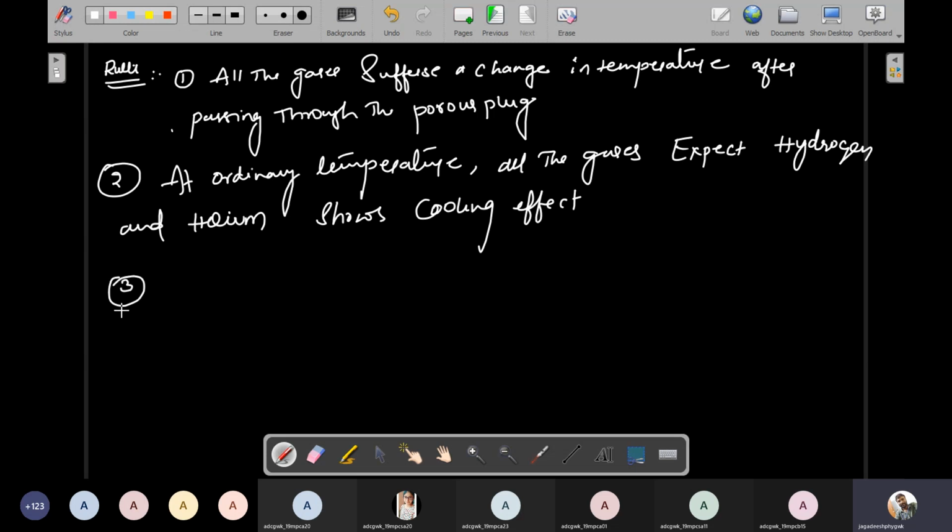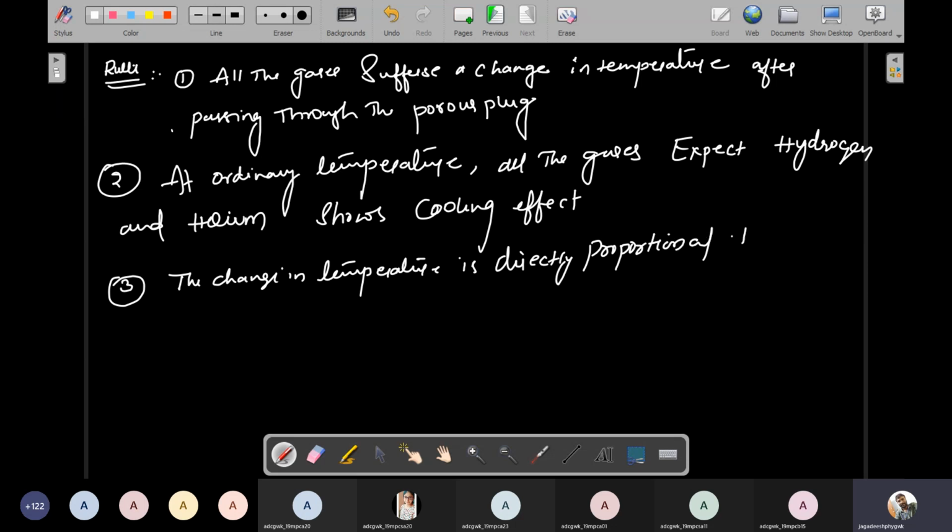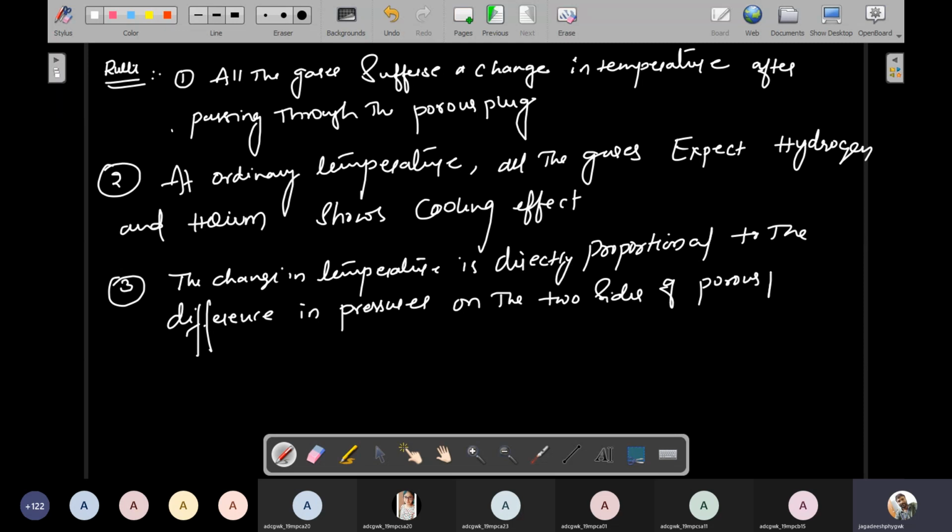Okay, understand? And the third point: the change in temperature is directly proportional to the difference in pressures on the two sides of the porous plug.